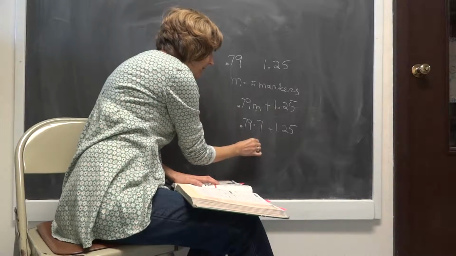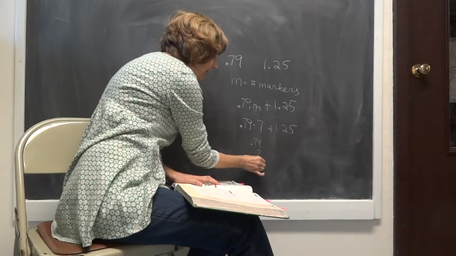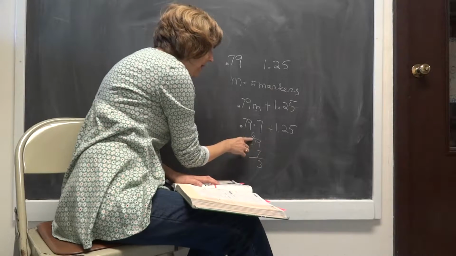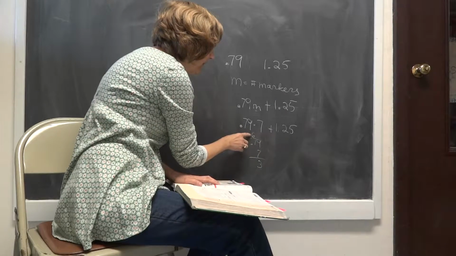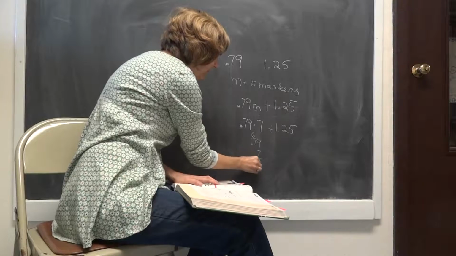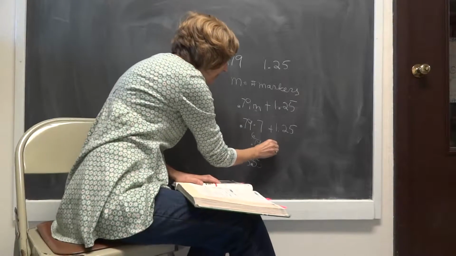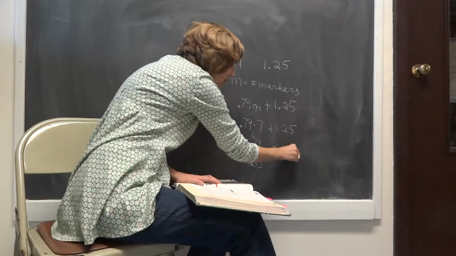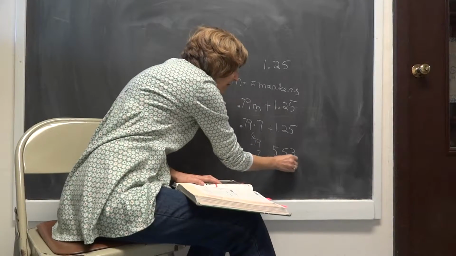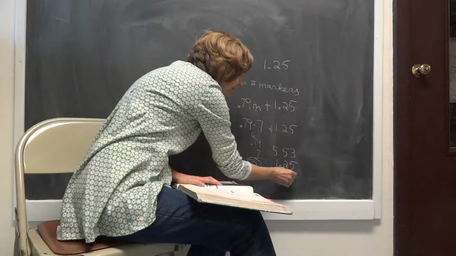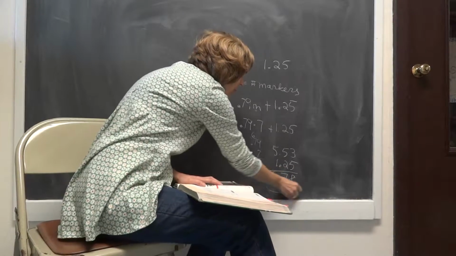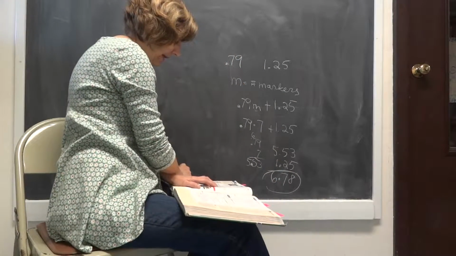What is 0.79 times 7? 49, 50, 51. And we put the decimal here. It's going to be $5.53 plus the extra $1.25 for the poster board. Your total cost is $6.78.